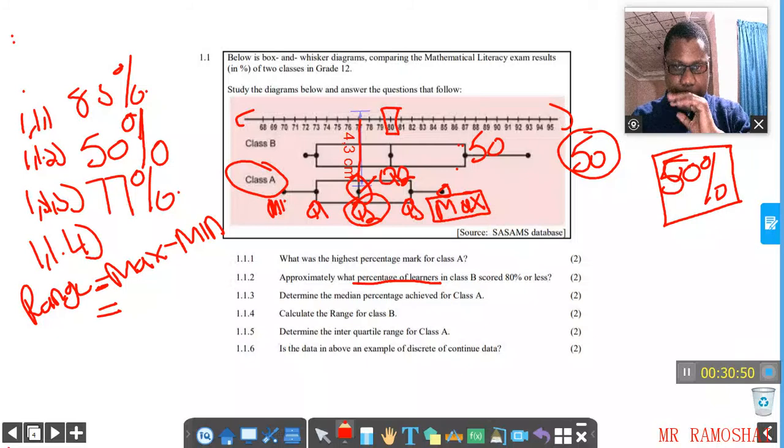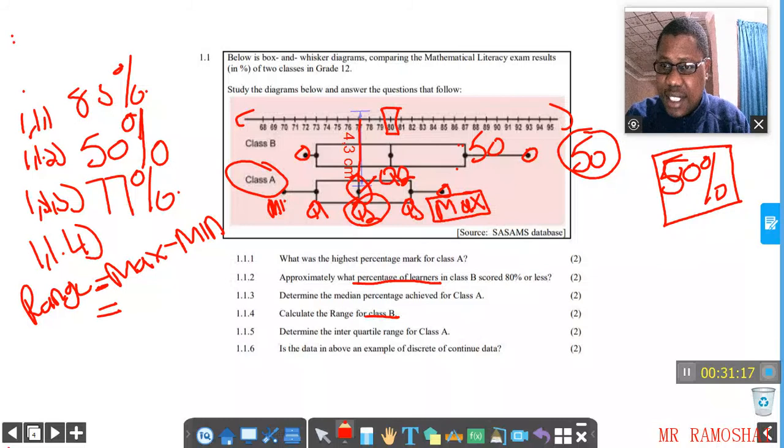Right, now look at this. Which class? We look at class B. That means now we need the maximum value in class B minusing the minimum value. So now when we check here in class B, this is going to be our maximum value and this is going to be our minimum value.